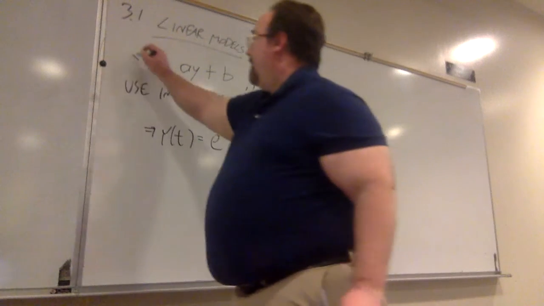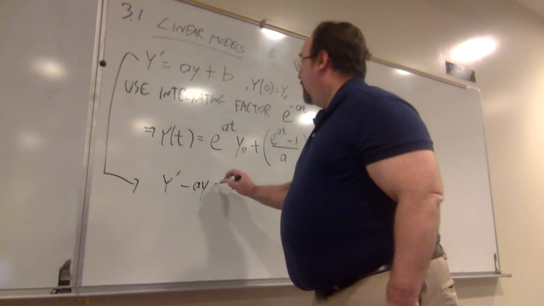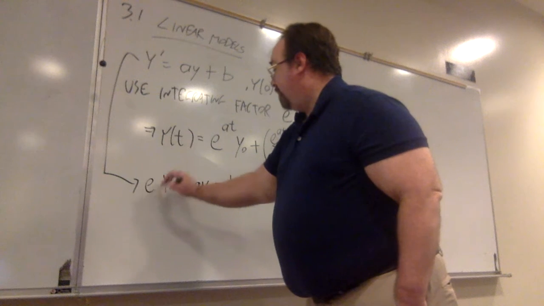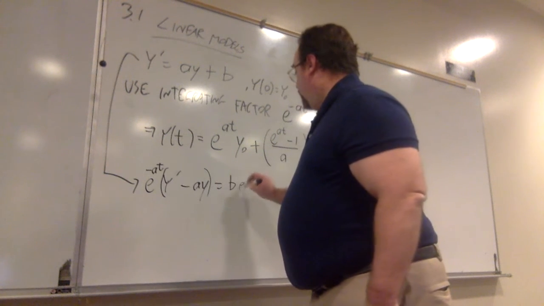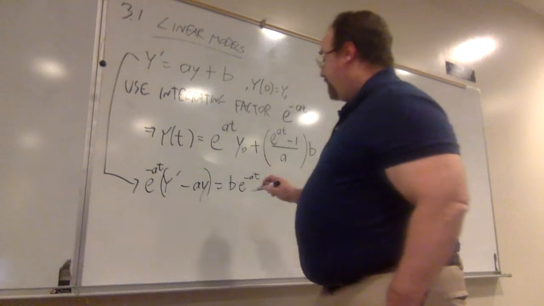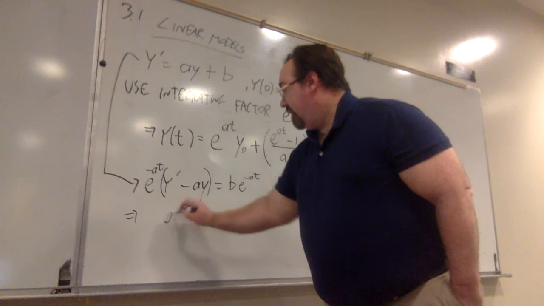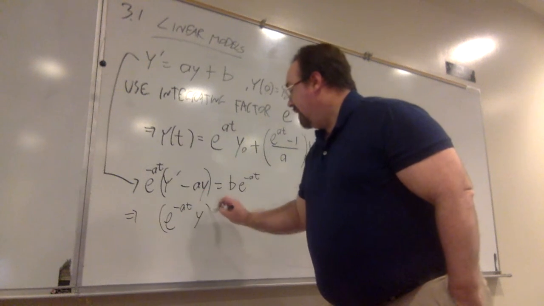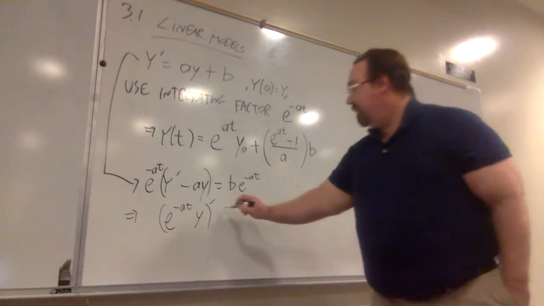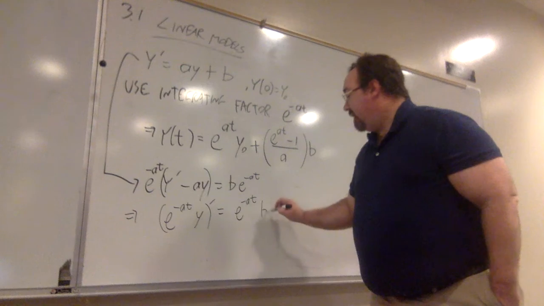Because what happens, if I write it this way, and then multiply both sides, then the left side becomes e to the minus at times y, all prime, equals e to the minus at b.